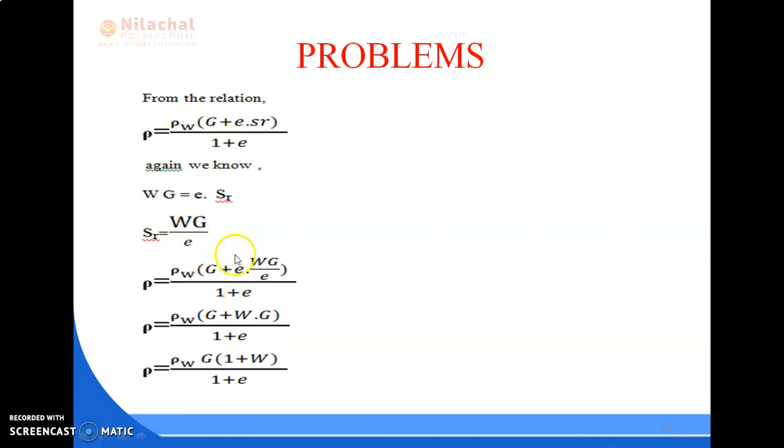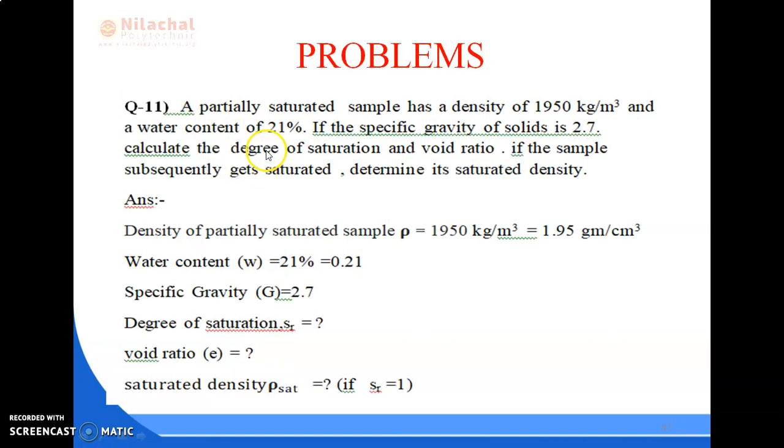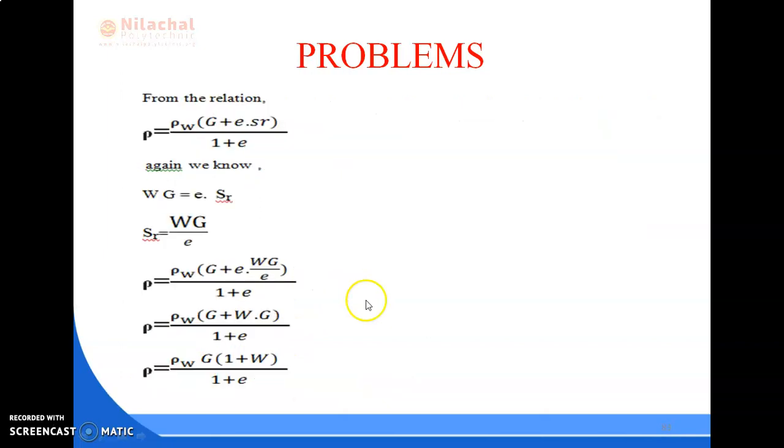Here we put this SR value in this relation. SR is unknown, e is unknown, only G is given. So we put this SR value here: rho equal to rho W into (G plus e into WG by e).